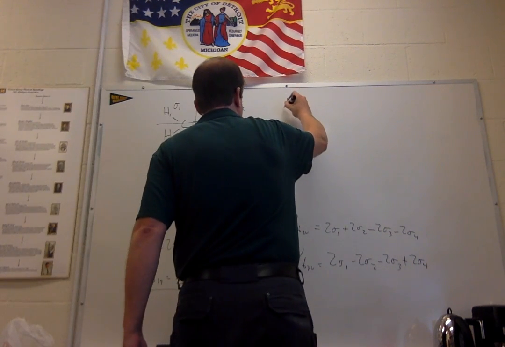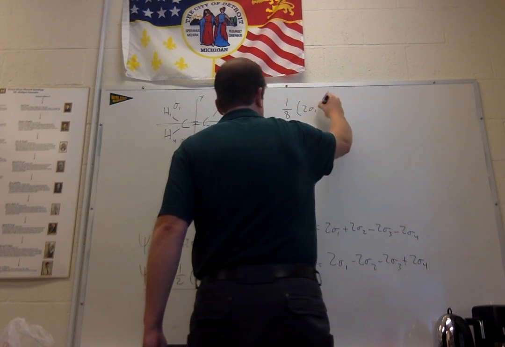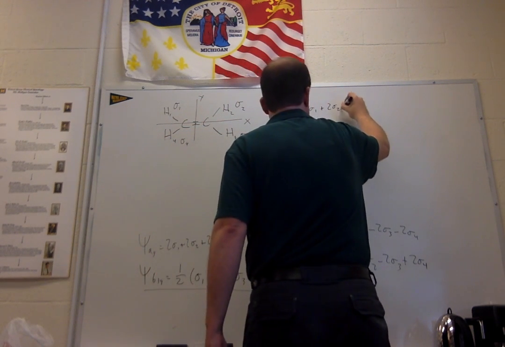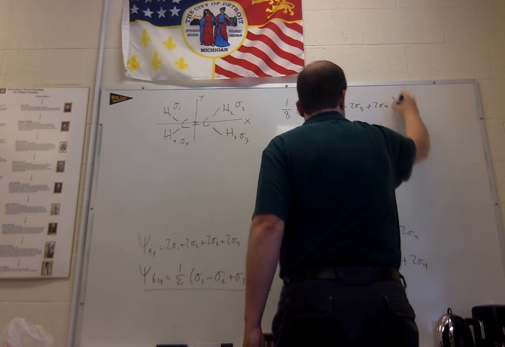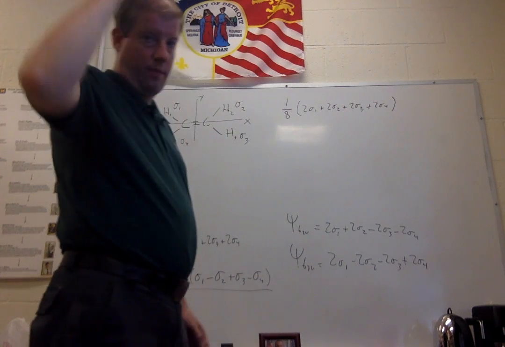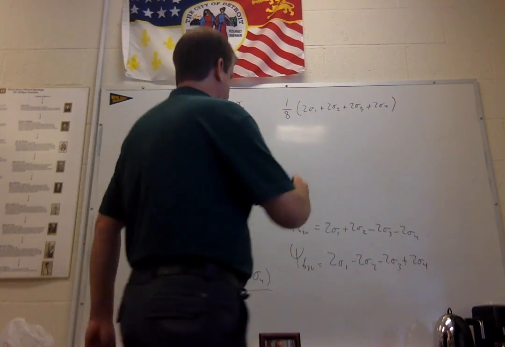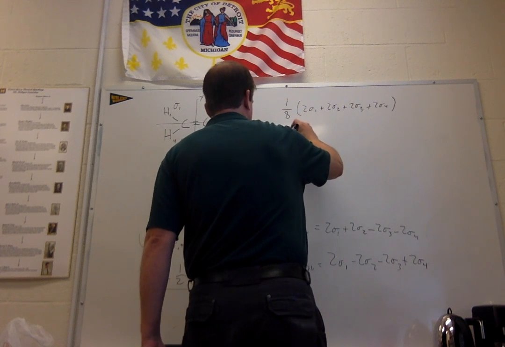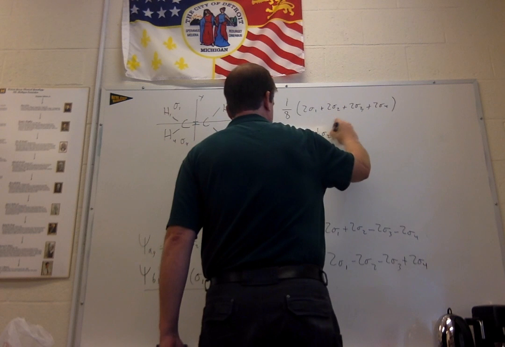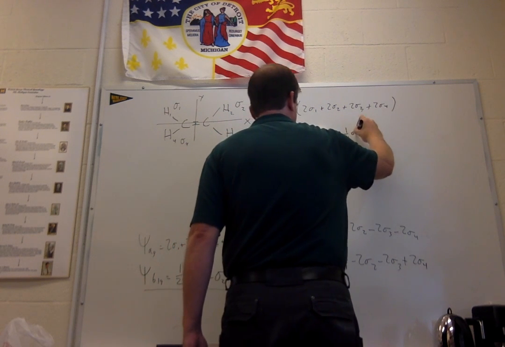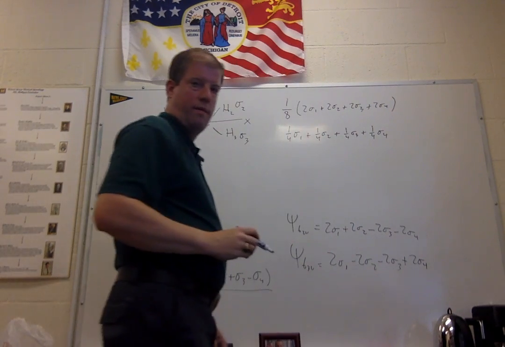The dimension of AG is 1. So that's the step 1 of the normalization process. That translates to 2 over 8 or 1 over 4. Sigma 1, 3, 4.